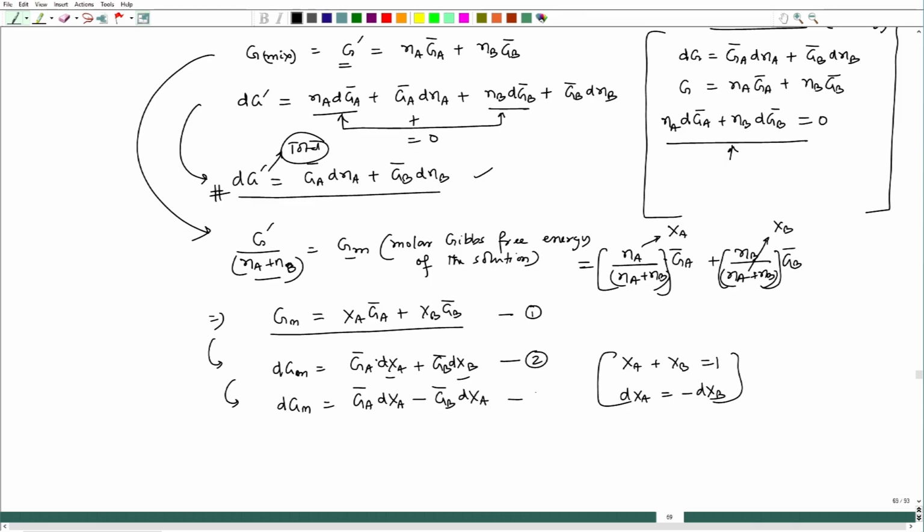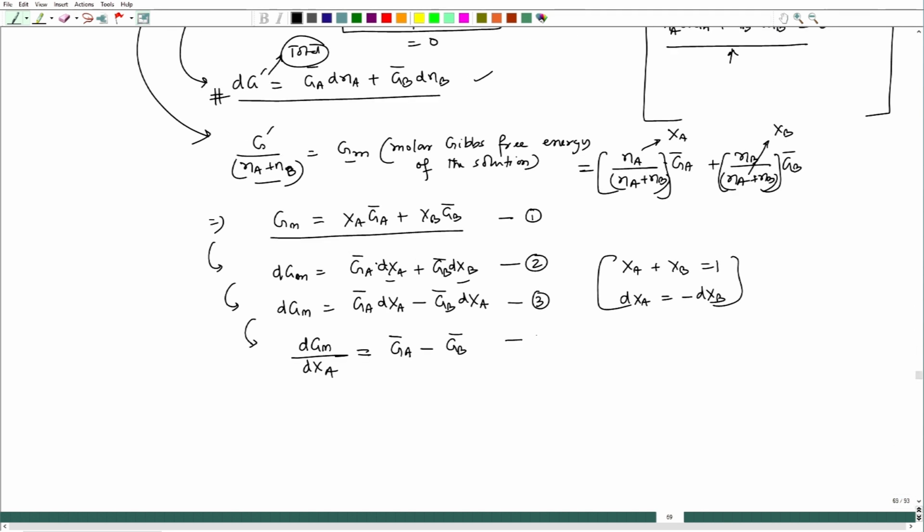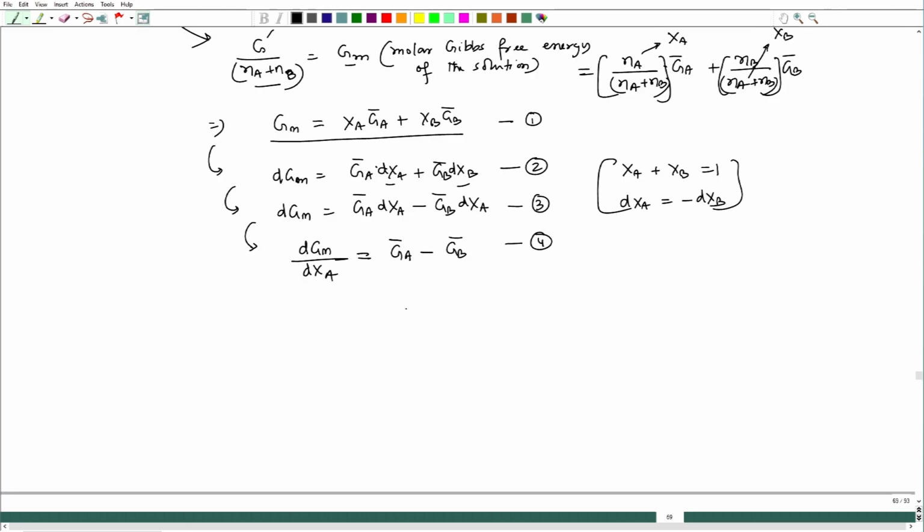Once we write that, this is let us say equation 3, and from this we can write this is equation 4. Now, we see equation 1 and equation 4.